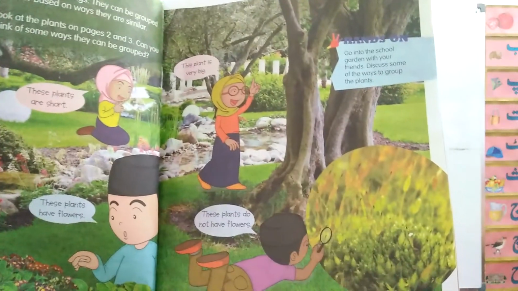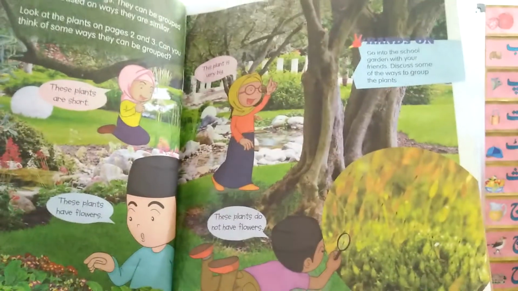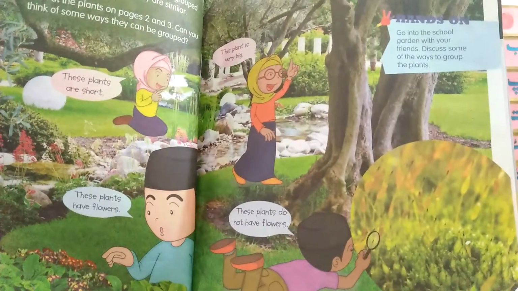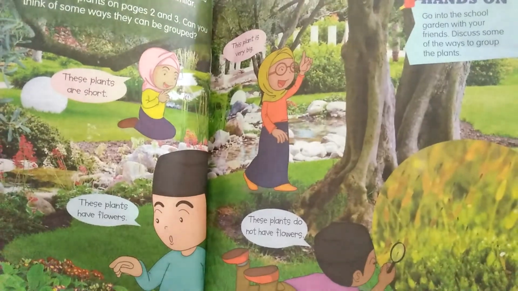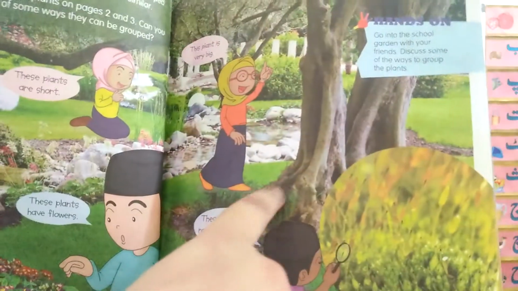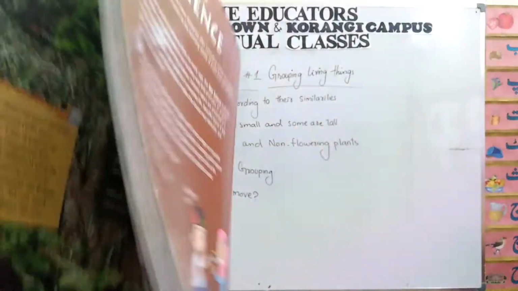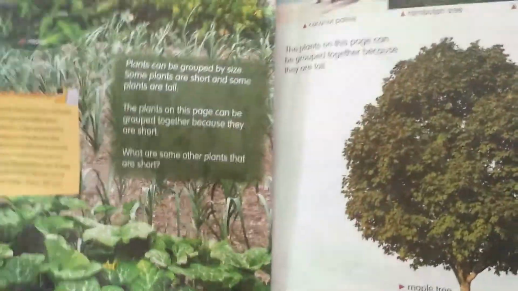They are tall in size. So what is that similarity? The plants which are short, we can group them in a particular place. These are the short type of plants, and these are the long or tall type.